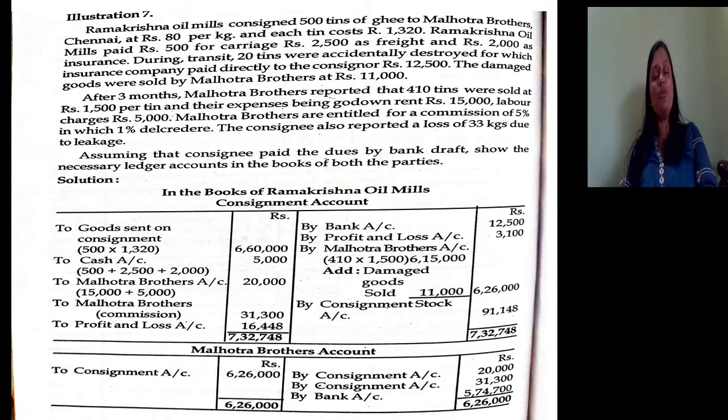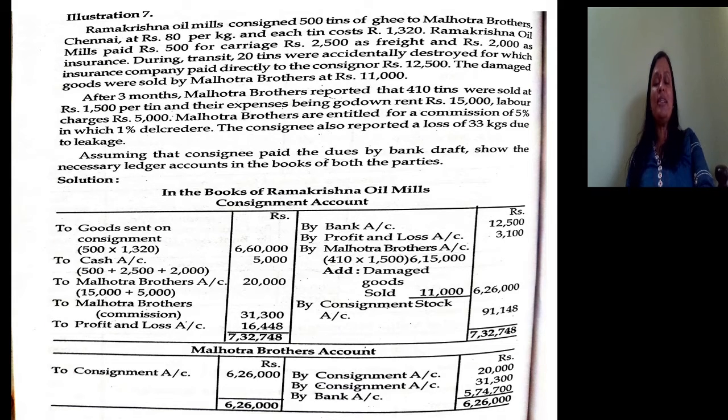I have already informed you in the last class that losses arising out of leakage, spoilage, evaporation, wrong handling of goods, or damage while breaking the goods are known as normal losses. When there is normal loss, there is no separate treatment for it, but while calculating closing stock, we need to take it into consideration.